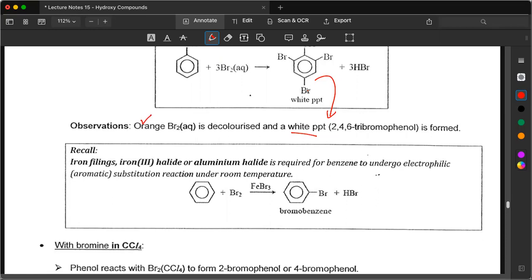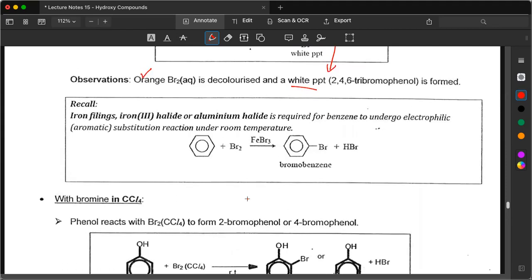We can also use bromine with iron filings, iron(III) halide. This is what we have learned under electrophilic substitution of benzene. We can use this to initiate the electrophilic substitution to make the benzene react.